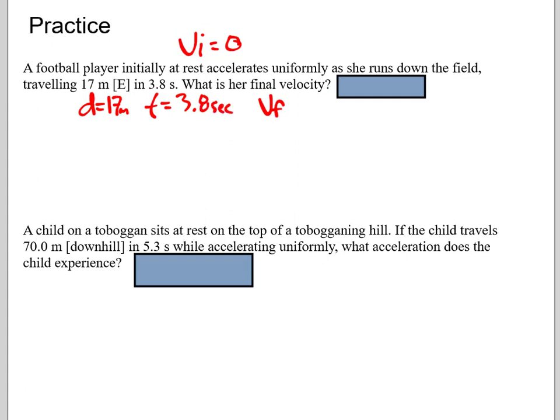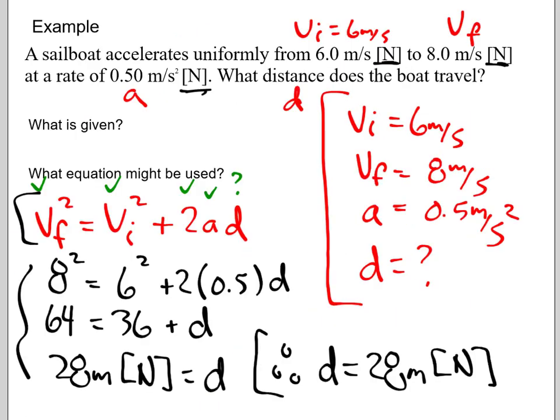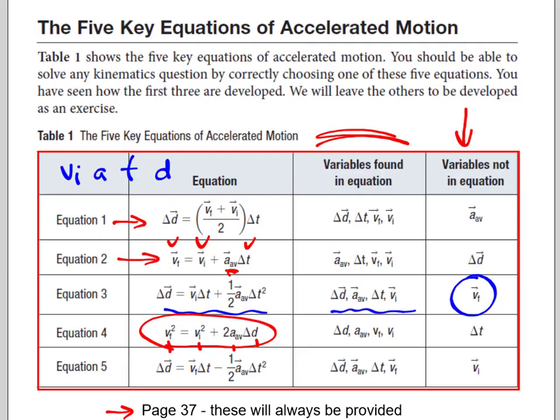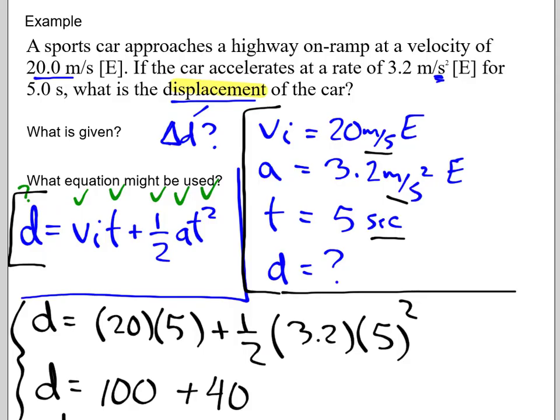So we have D is 17 meters, T is 3.8 seconds. I need an expression that lets me solve for VF. If we go through our equations, I do have time, I don't have A. So if we're missing A, then this expression right here, the average, should get me to my answer.